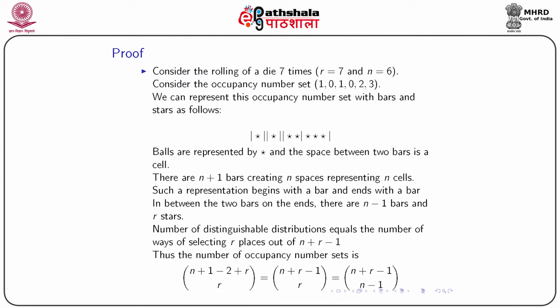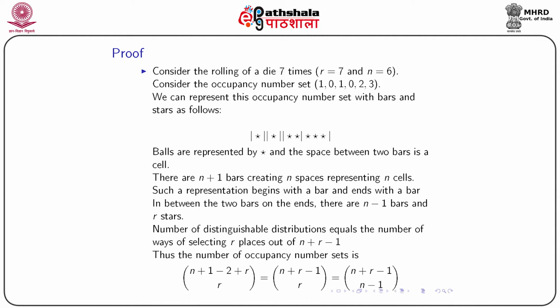Such a representation begins with a bar and ends with a bar. In between the 2 bars on the ends there are n minus 1 bars and r stars. So in total, the number of distinguishable distributions equals the number of ways of selecting r places out of n minus 1 plus r. Here n minus 1 corresponds to the bars and r corresponds to the balls.